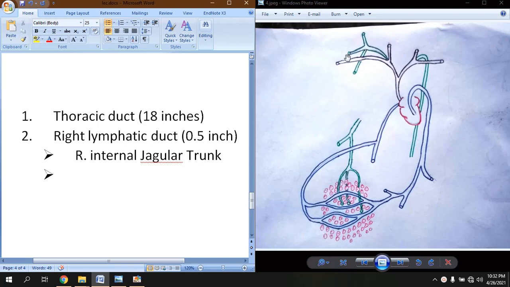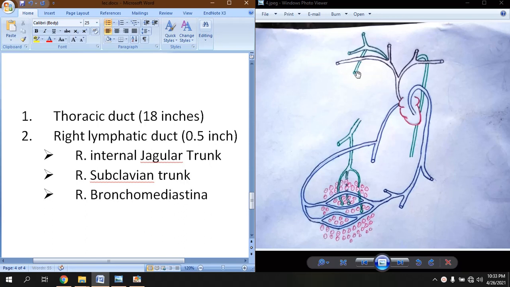Number two, the right subclavian trunk. And number three, this is very important, the right bronchomediastinal trunk. These three trunks combine together to make the right lymphatic duct.